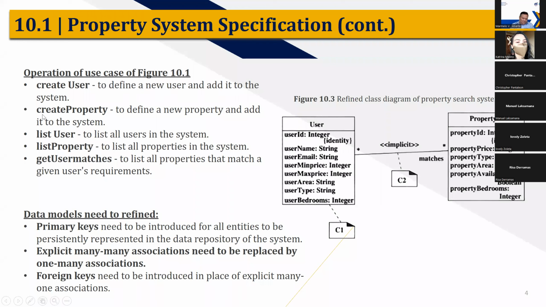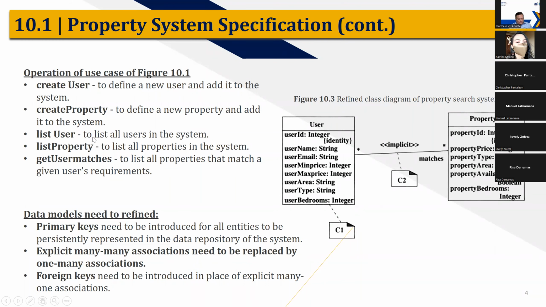Also the create property, this is to define a new property and add it to the list. Like for example, what type of property? It's a bungalow, townhomes, or a condo unit, or a single attached property.